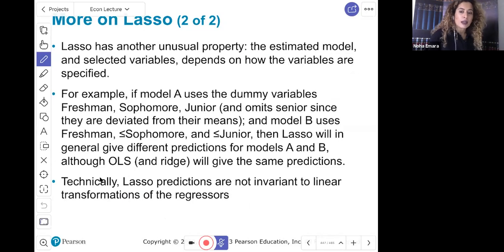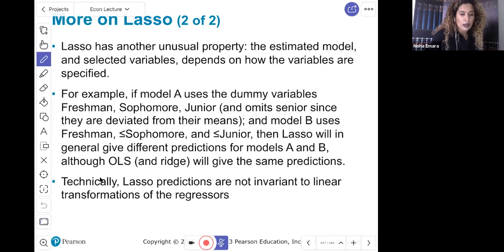and you re-estimated the model by using a continuous variable instead of the dummy variable, right? By saying, for example, freshman is less or equal to 1 year, sophomore is less or equal to 2 years, junior is less, and so on. The lasso estimation methodology is very sensitive to the unit of measurement of the variables. So if the variable is dummy versus continuous, then you might get different results.